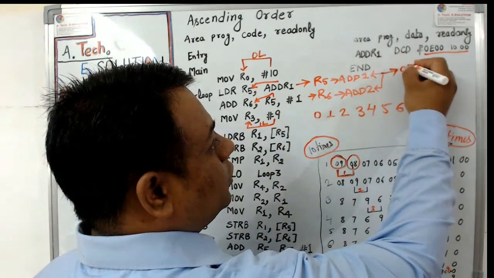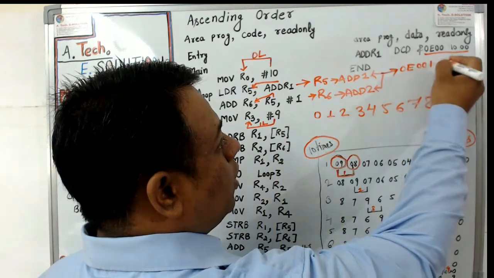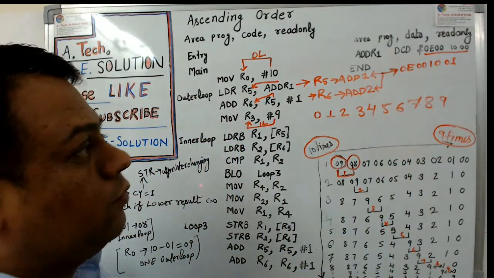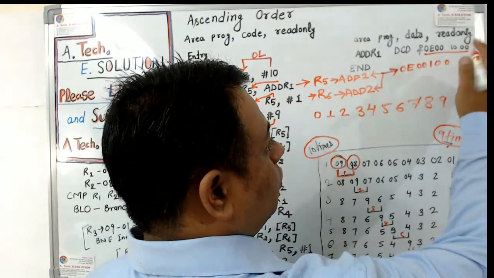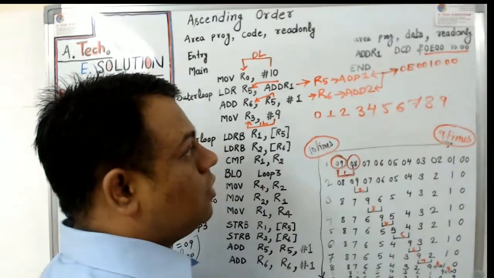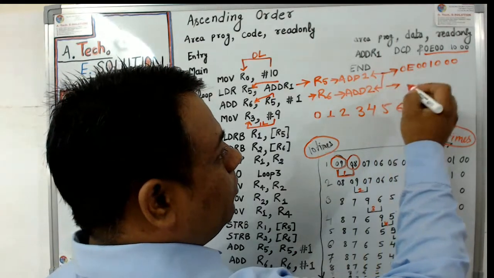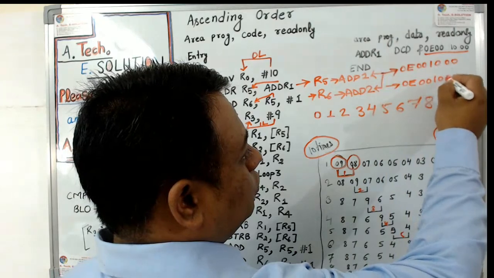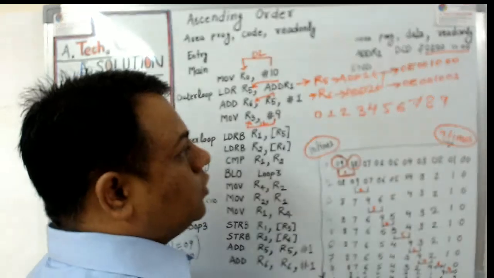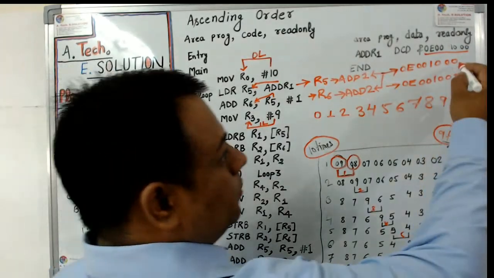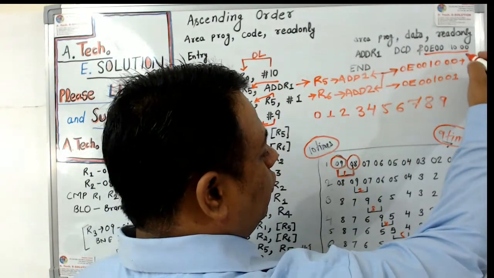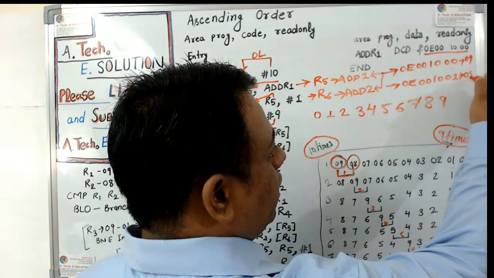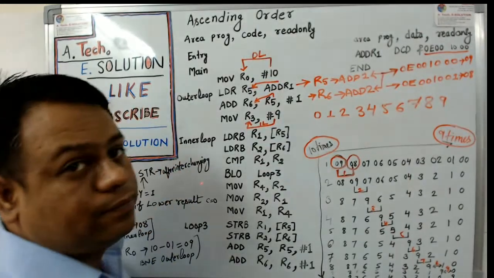R5 memory location is 0E001000, your first memory location. And the second memory location is 0E001001. In this memory location we have stored 09, and in this memory location we have stored 08.